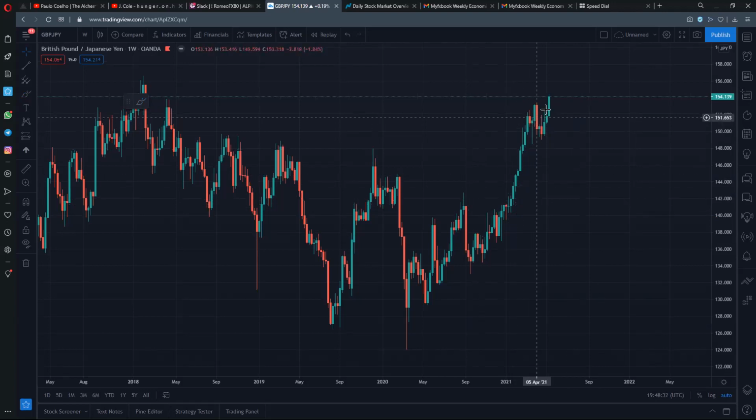So what happens on GU has usually already happened on GJ. I don't know if it makes sense, because we've already seen GJ tap this liquidity area here, and then drop, and then come back and then break that high. So this is exactly the same thing we're waiting for.